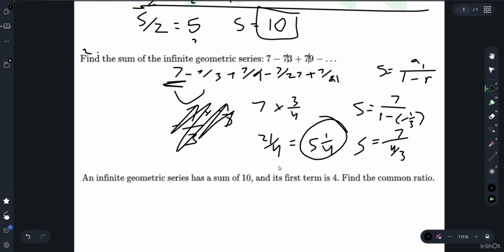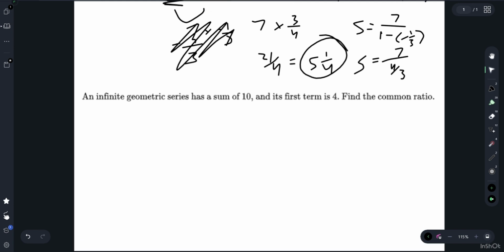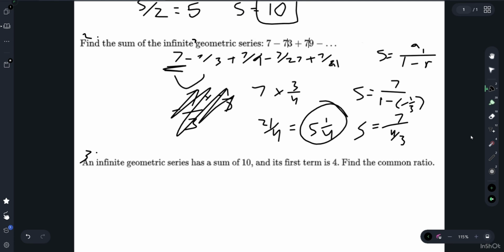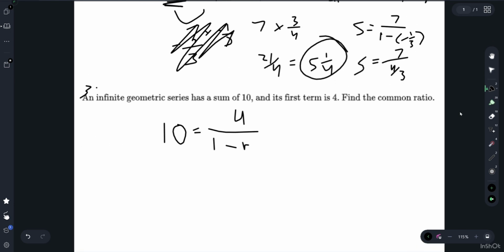Now let's work on the last question, question number 3. An infinite geometric series has a sum of 10, and its first term is 4. Find the common ratio. We could use our formula here and plug in what we know. If we know the sum is 10 and the first term is 4, we're trying to find what r is. Let's multiply by 1 minus r on both sides.